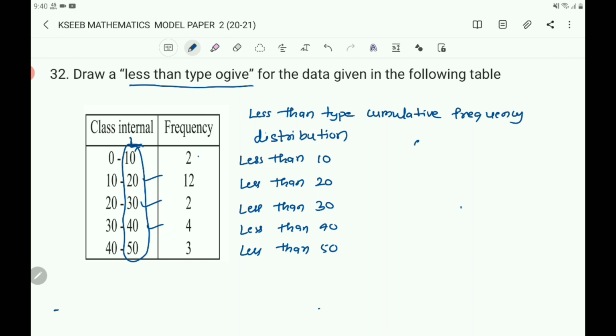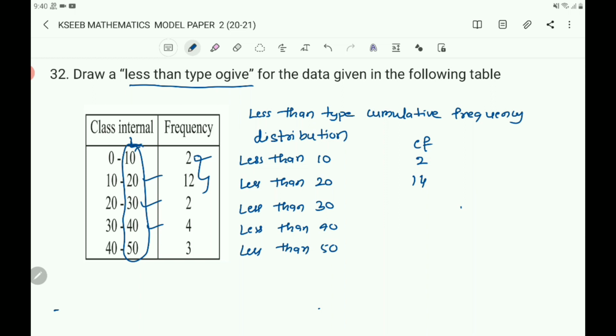What is that? CF. So CF is first for here less than 10 is, so you take 0 to 10, that is 2. Next again here we have to take less than 20 is this 2 plus 12, that is 14.